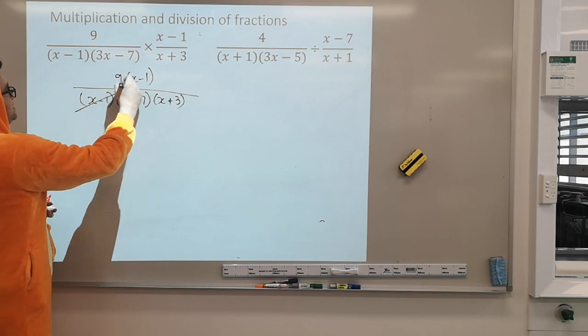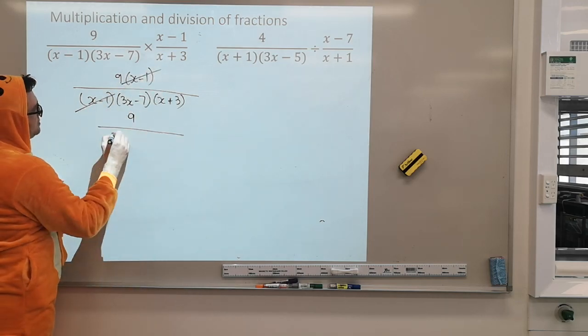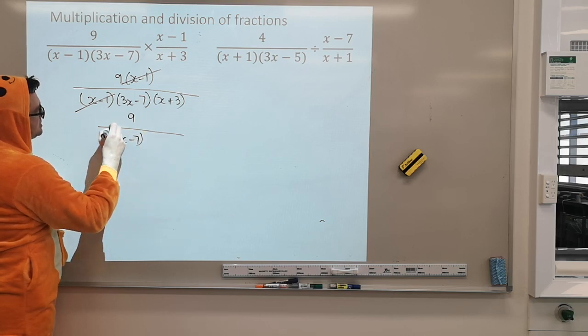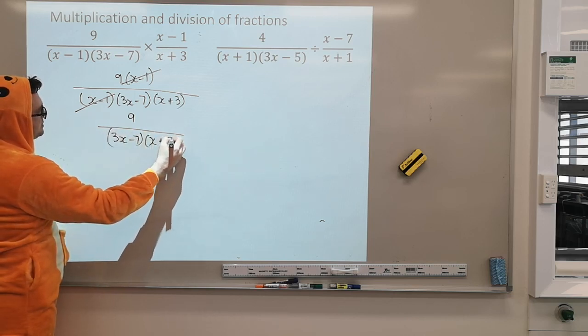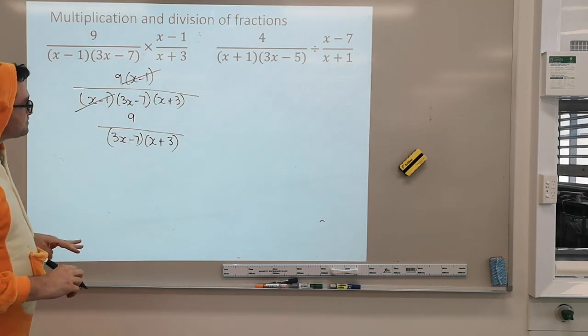We can now cancel our x minus 1. So we're left with 9 over 3x minus 7, x plus 3. Or we can expand our denominator.